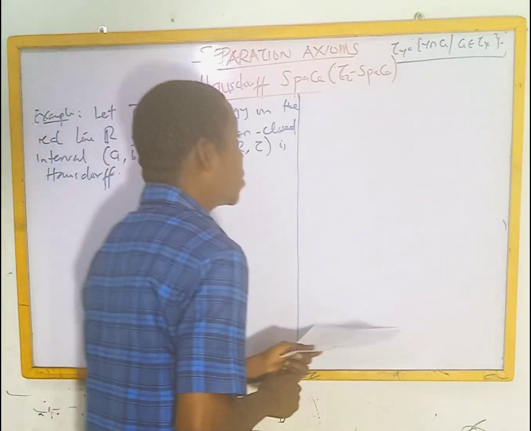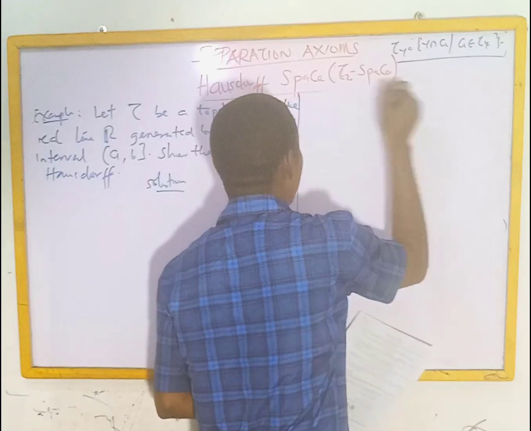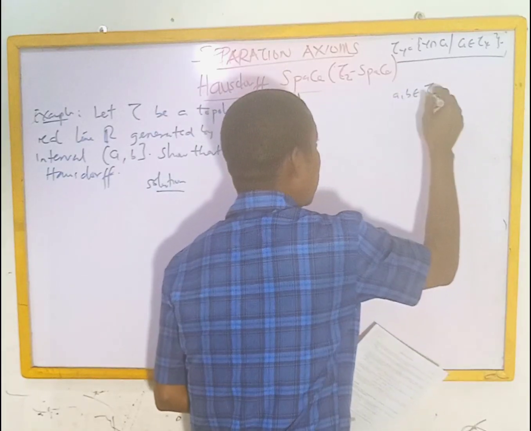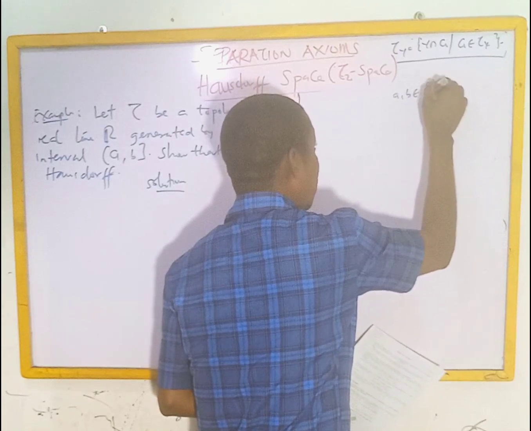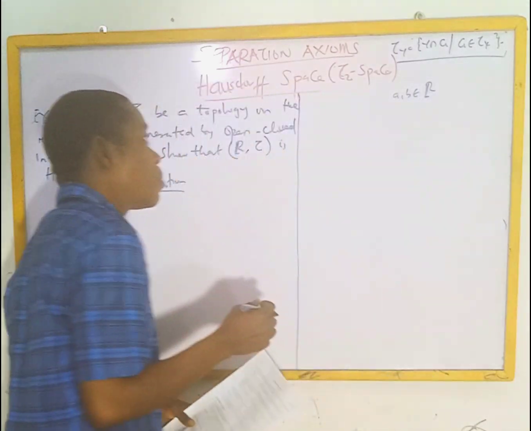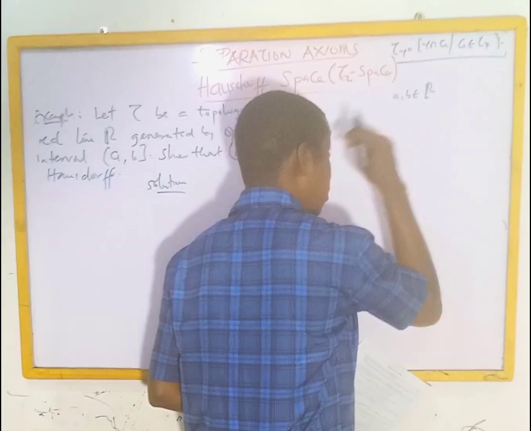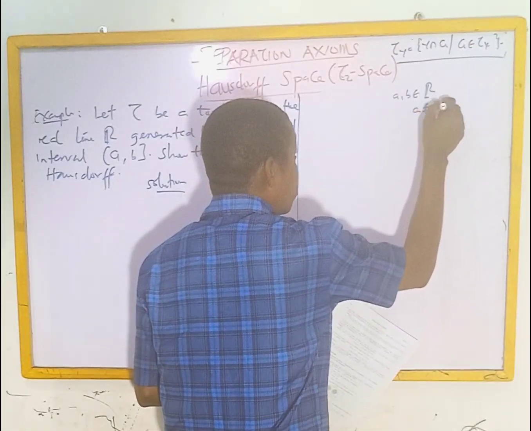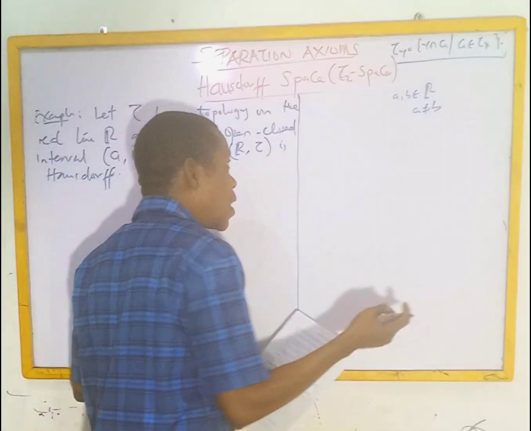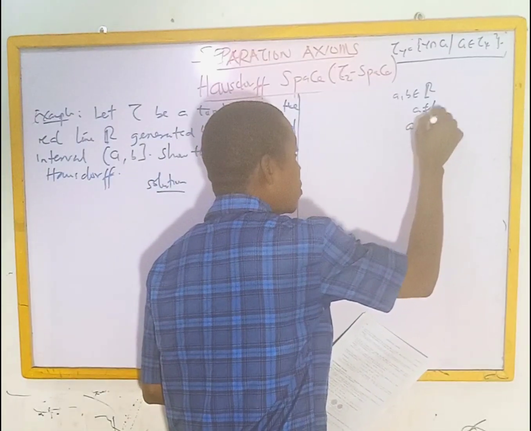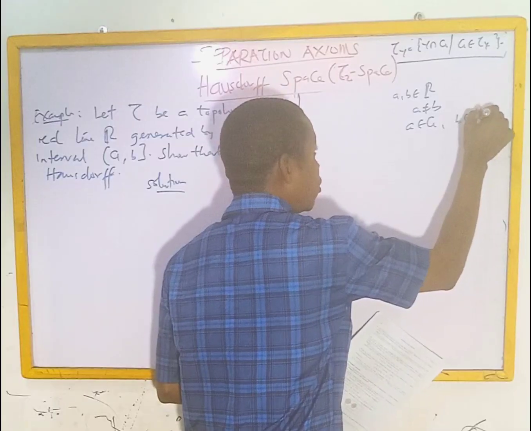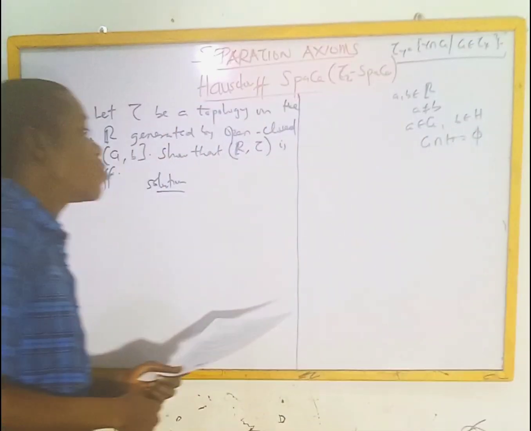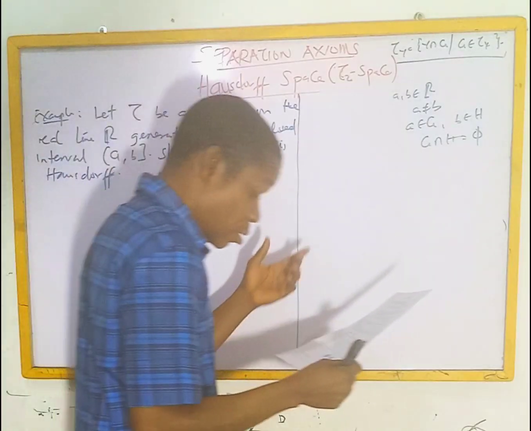We want to show that if I have any two points here, A and B, in the real numbers, then can I obtain, so that A is not equal to B, an open set G that contains A and H that contains B, so that G intersection H is what? Is empty? Is it possible to obtain that? So that is our draft of what we want to do.